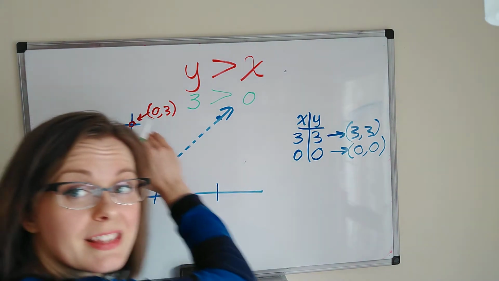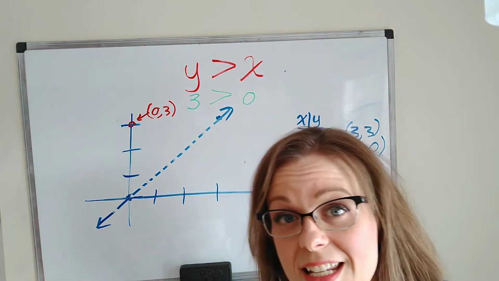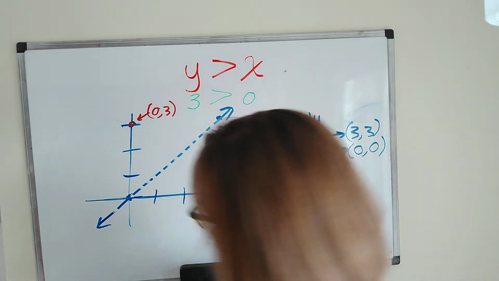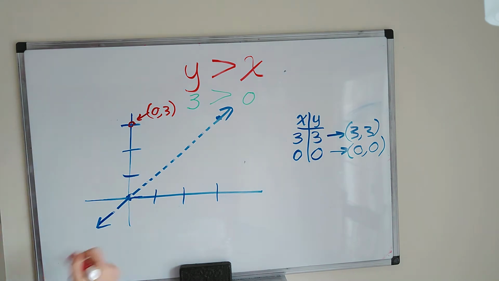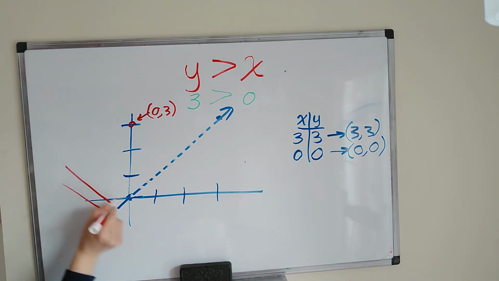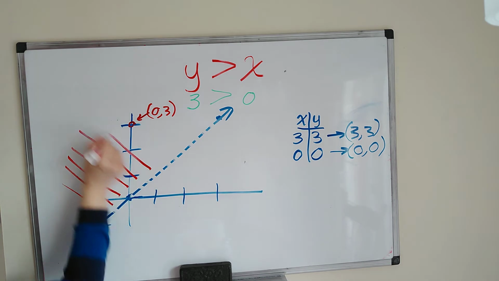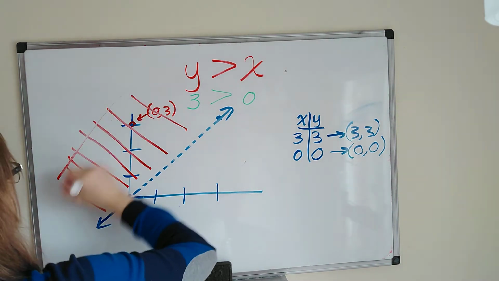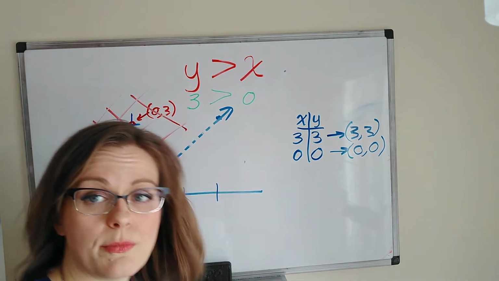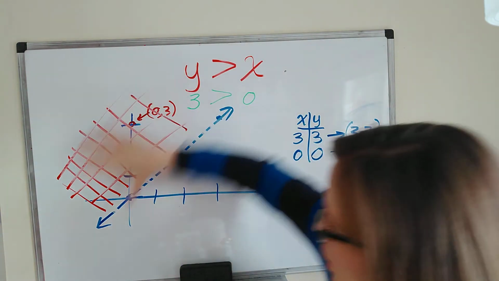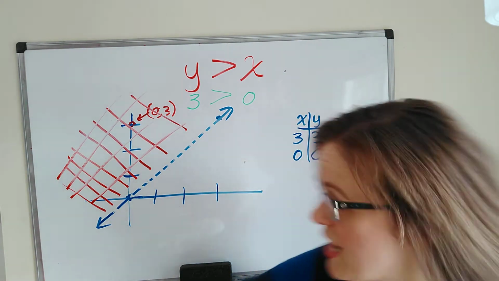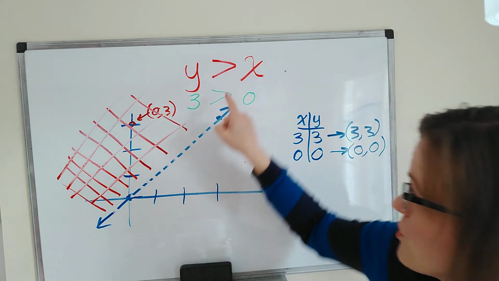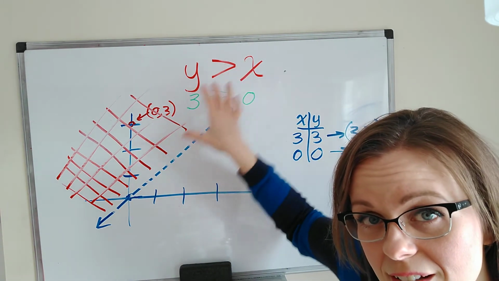Well, that tells me that the part of the Cartesian plane that I need to shade is the part that contains that point 0, 3. In other words, I need to shade here. And that represents my solution, this whole shaded portion. So this whole part of the Cartesian plane is shaded and this whole part is not. And I need that dashed line there to represent this inequality, okay?